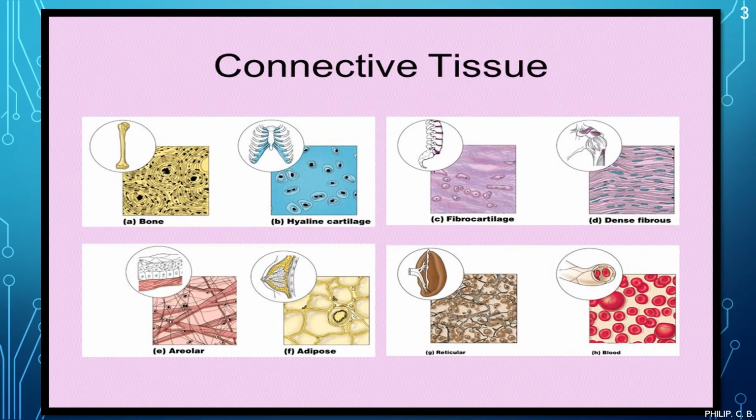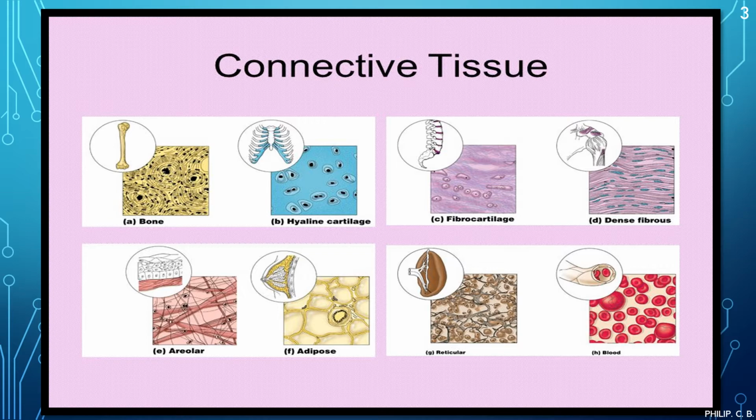Then the third slide, where we can see the connective tissue, bone, hyaline cartilage, areolar, adipose, fibrocartilage, dense cartilage, then the blood vessels, then the muscles or the reticular cells which are present. So just a small idea about the different cells. And even if you see along with the different tissues, you can see where it is present.